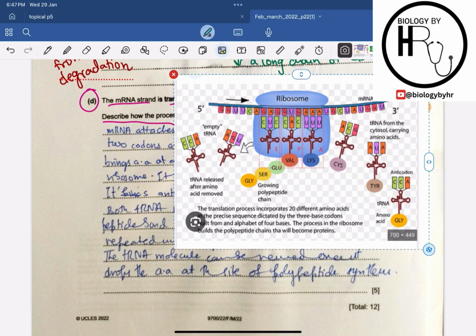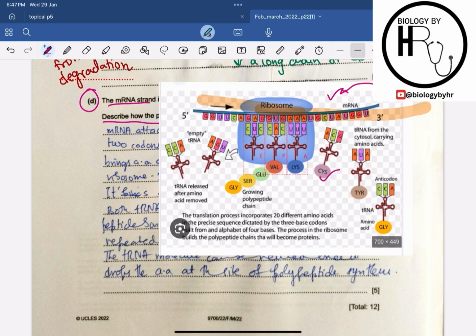And then the mRNA has the codons, and this is a tRNA molecule, and it has the anticodons. Let me erase the extra stuff.